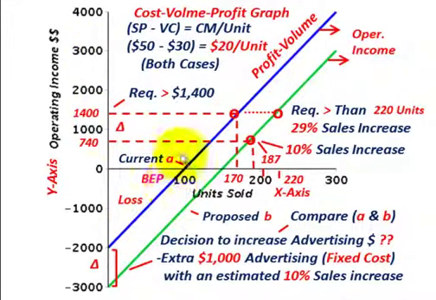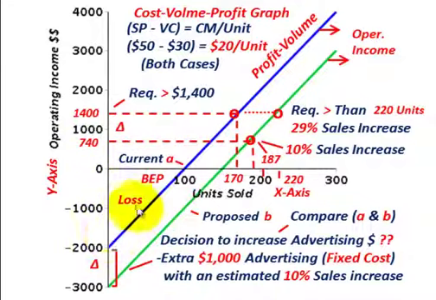Again, look at a side-by-side comparison between what you're currently doing and what you propose. We're going to set up this profit volume line, and that's really looking at the case where you start out at some fixed cost, and that fixed cost has to be covered.